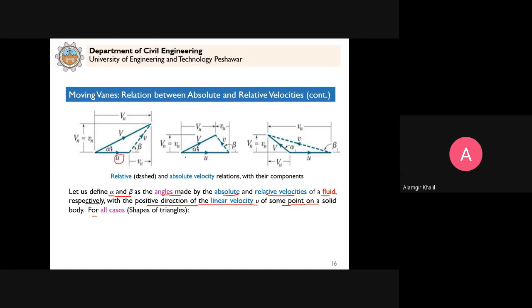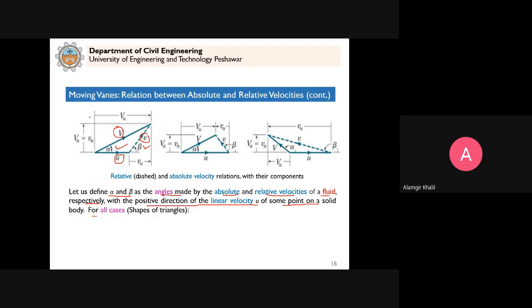U will not have any components, because the body will translate, so that is only in this direction. Now we have the absolute velocity of the first body, which makes an angle alpha here, and the relative velocity, which makes an angle of beta, both with the direction of this u.